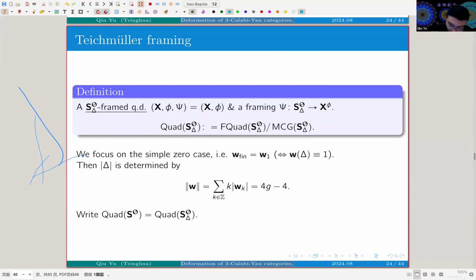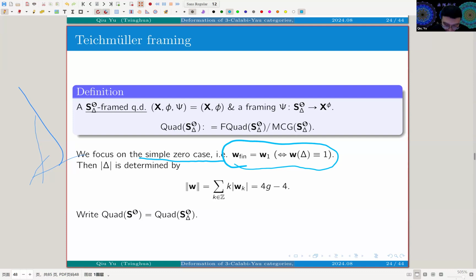Also in this talk, we will only consider the simple zero case, because we will only consider triangulations. That's one of the main restrictions for this talk. In this case, the number of decorations is determined by the other data.